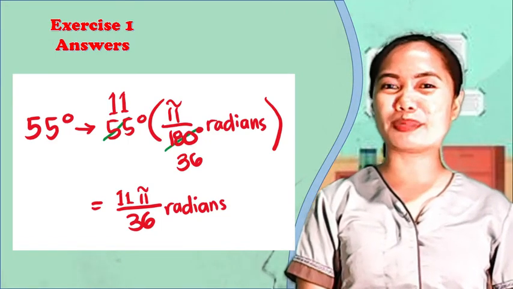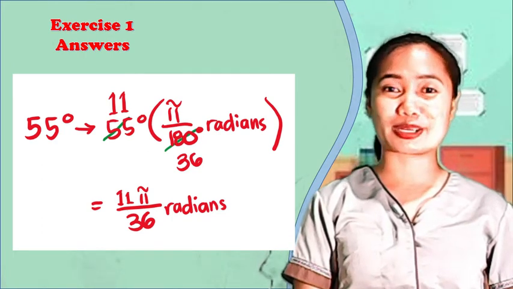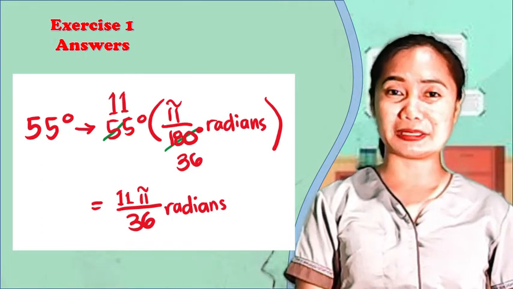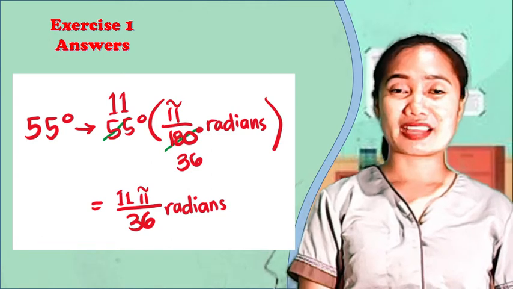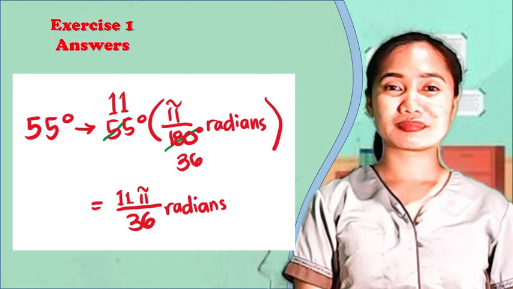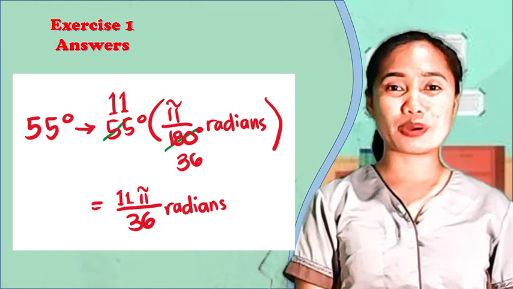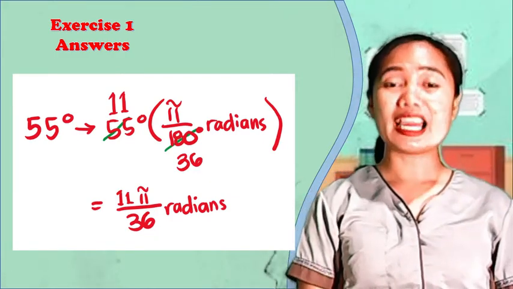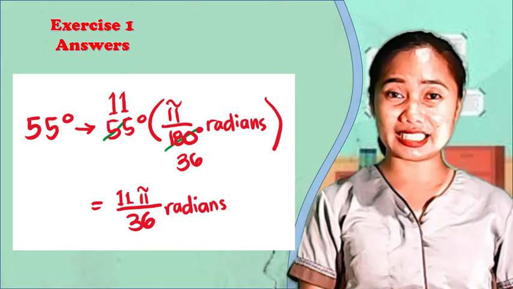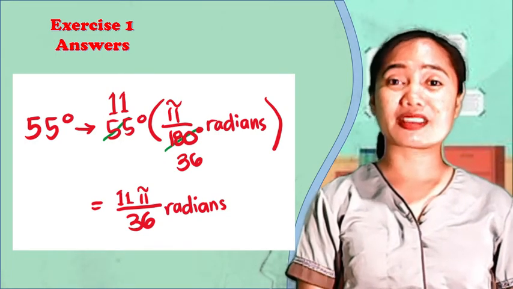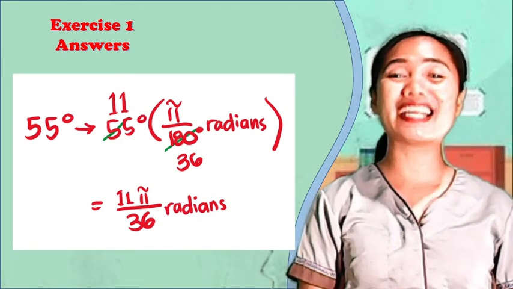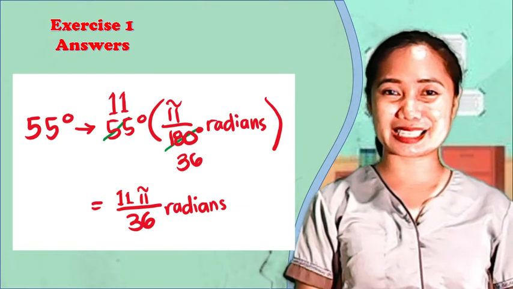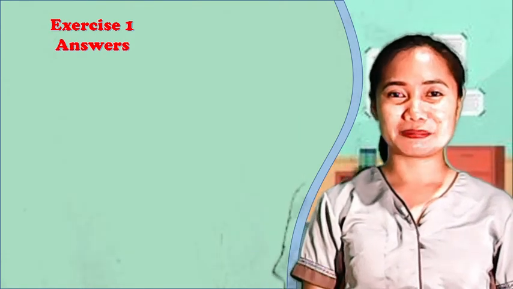What is the common multiple or the common divisor of 55 and 180? That is 5. So 55 divided by 5 is 11, and 180 divided by 5 is 36. So that would be 11 over 36 pi radians.